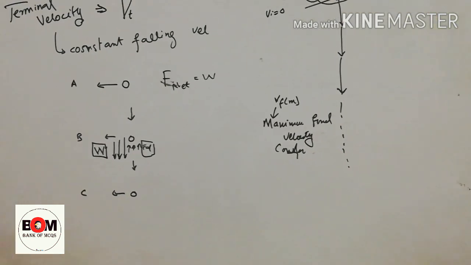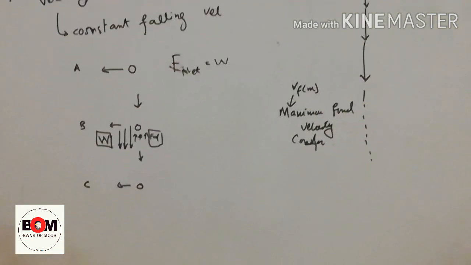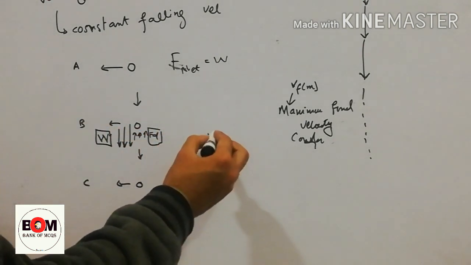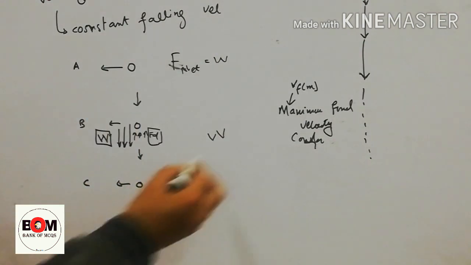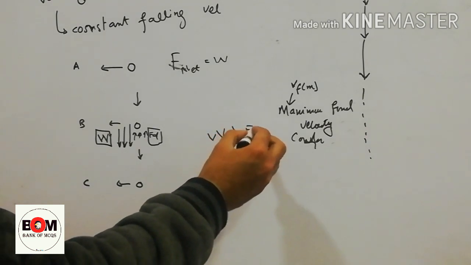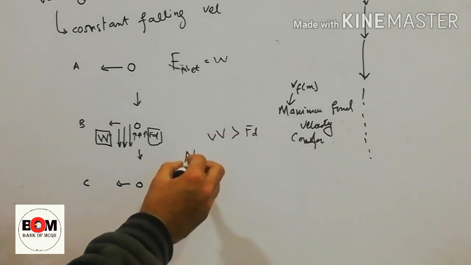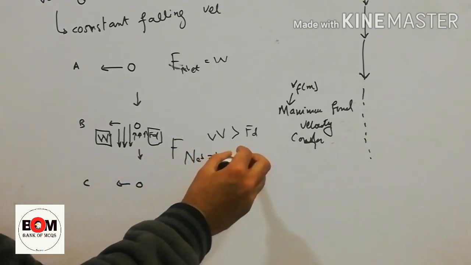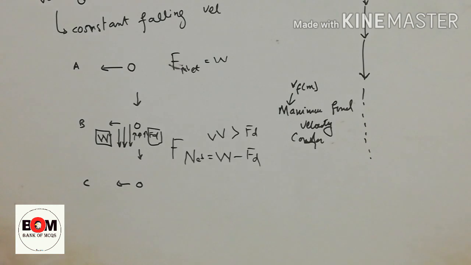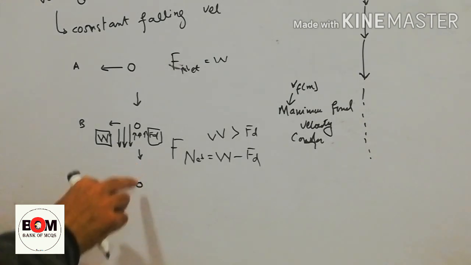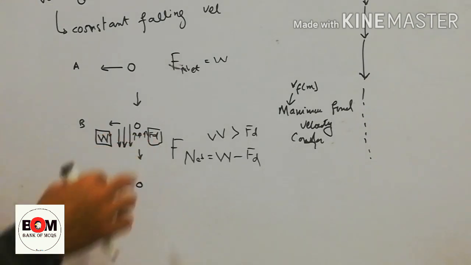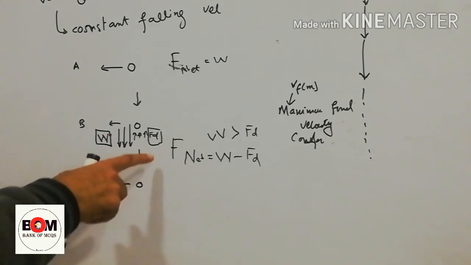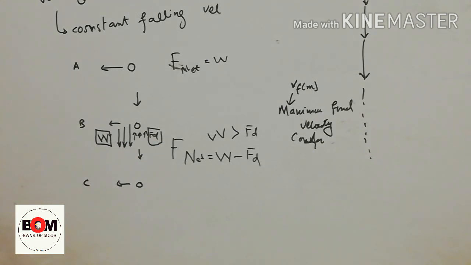At point B we know that the drop is falling downward, so it shows that W is higher than Fd. So the net force F net is equal to W minus Fd. As its velocity increases, Fd will also increase. At point C, velocity will reach its maximum value, so Fd will also reach its maximum value.